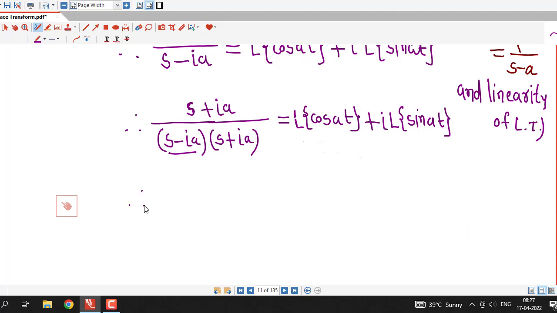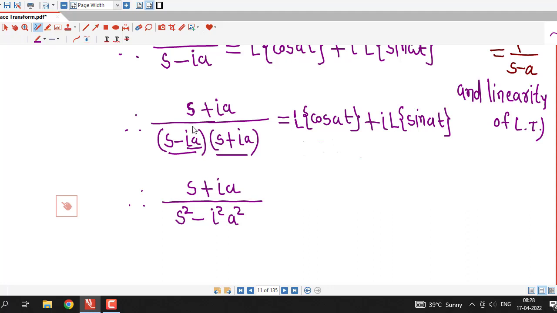Now if you observe the denominator, we can apply the formula of a minus b into a plus b. So using that formula we can write this as s square minus square of i into a, which is i square a square. We are applying the formula a minus b into a plus b is a square minus b square, with a equal to s and b equal to i into a.